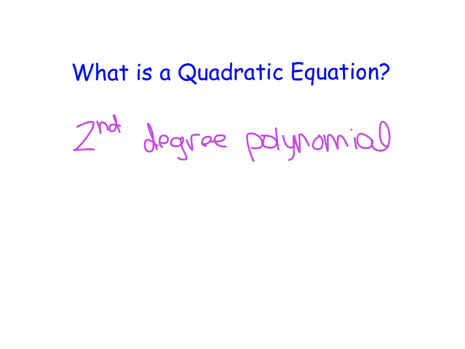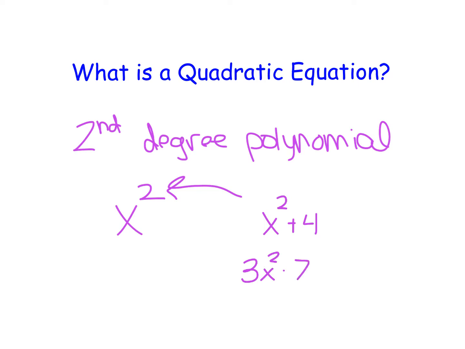A second degree polynomial is any expression that has an x squared or y squared, z squared, whatever it is. The highest exponent that a variable has is 2. An example of a second degree polynomial might be something like x squared plus 4, or 3x squared minus 7x plus 8.